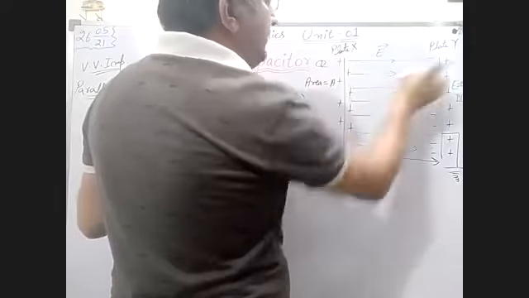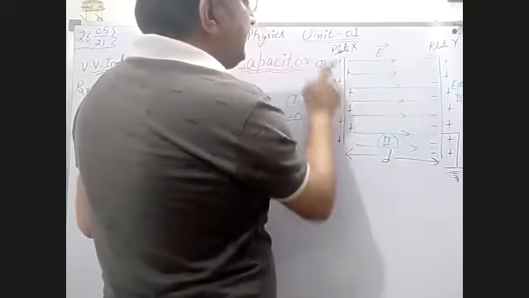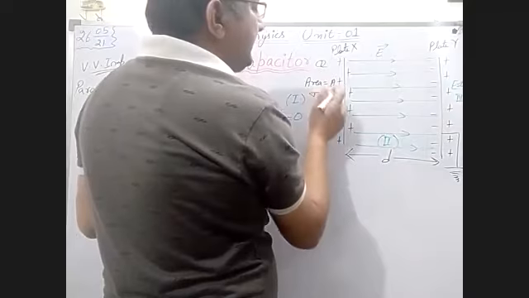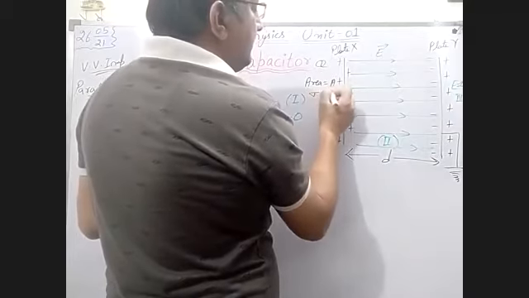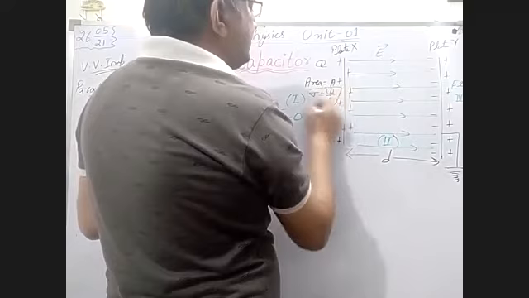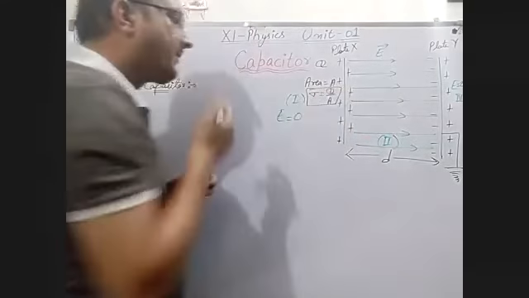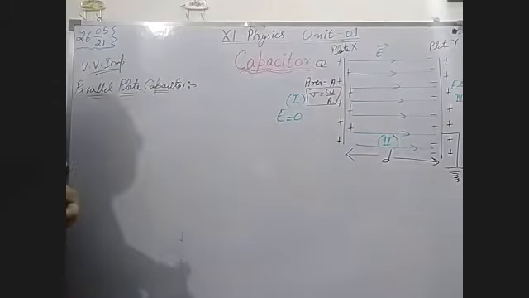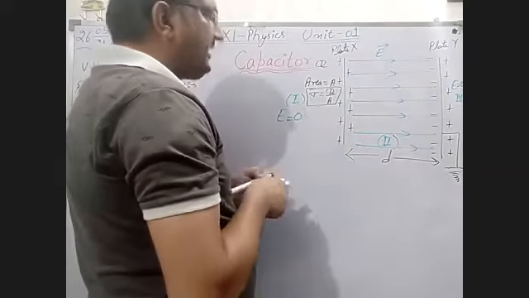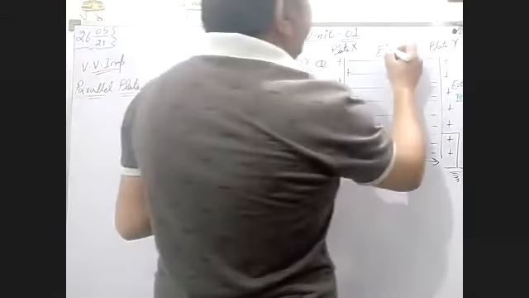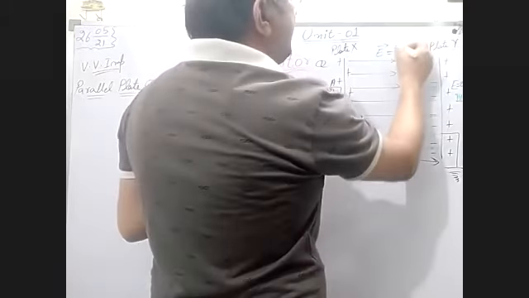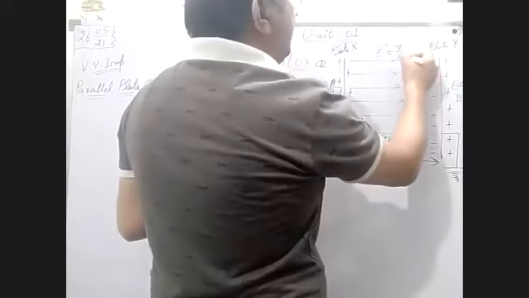The area of these plates is A, charge Q. Then what is the surface charge density? Q by A. So sigma is equal to Q by A here. And what is the value of electric field? If sigma is the charge density, then the electric field in between these plates is sigma by epsilon naught.